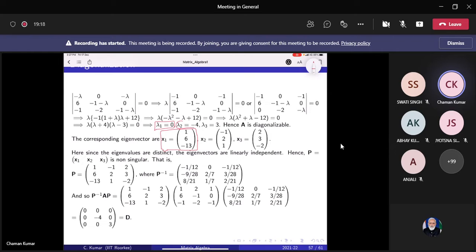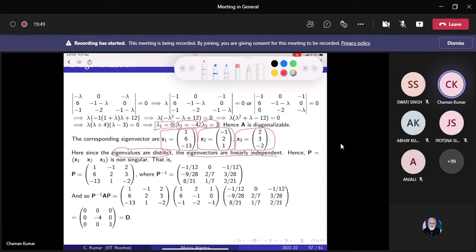Second eigenvalue is -4, corresponding to this the eigenvector is this one, and the third eigenvalue is 3, corresponding to this the eigenvector is this. You can check that these eigenvectors are linearly independent, which is obvious because the eigenvalues are distinct. From the previous theorem, since eigenvalues are distinct, eigenvectors are linearly independent.